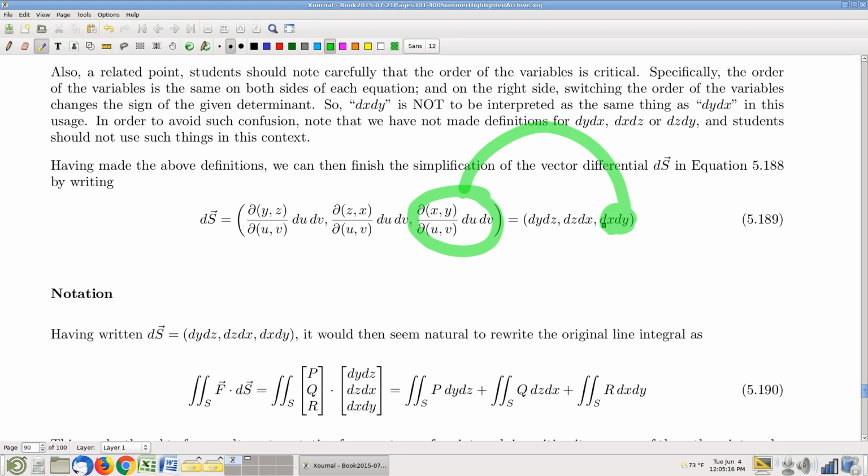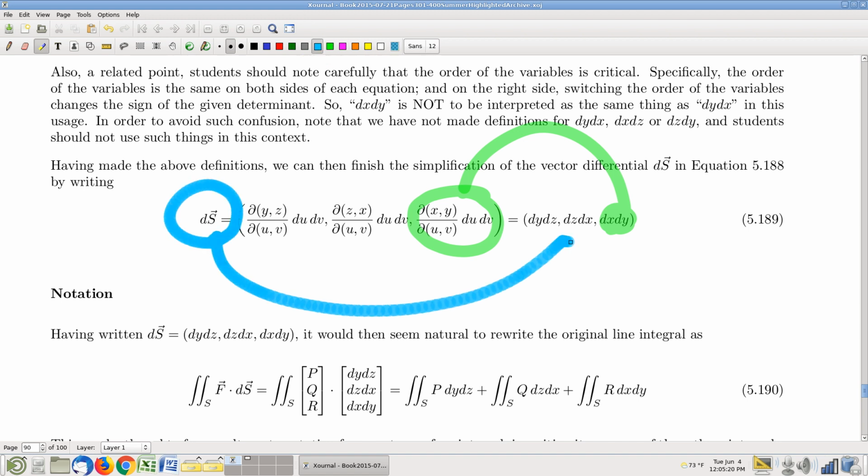And the big punchline then is I now have a rewrite of ds. In the same sense that the dx vector had coordinates dx, dy, dz, the ds vector has coordinates, what you get by doing those little cancellations: dy dz, dz dx, dx dy.